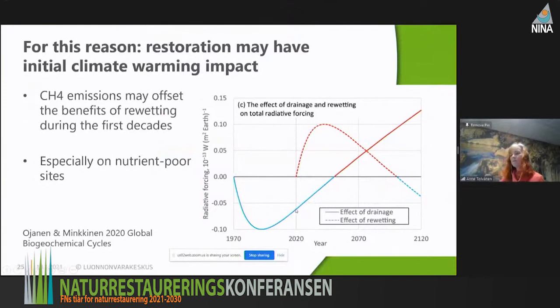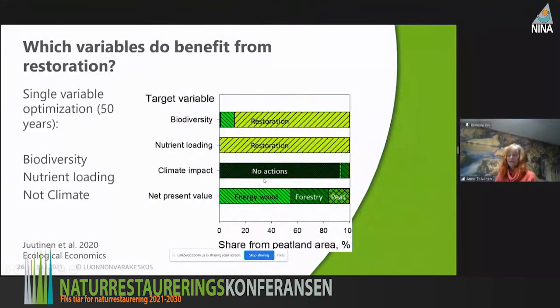So they are climate negative or neutral. But later on, they would become different. And if we had, for instance, 100 years here instead of 50 years, this might look different. There might be more restoration and perhaps forestry or some other actions, not forestry, but restoration perhaps.